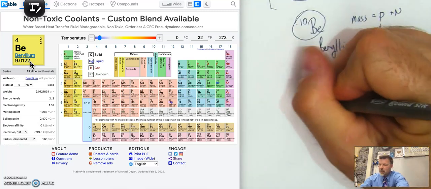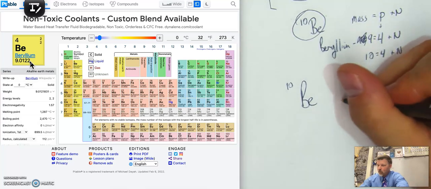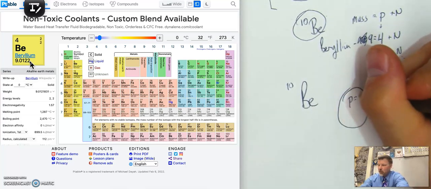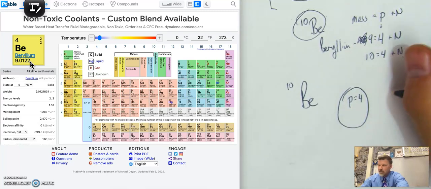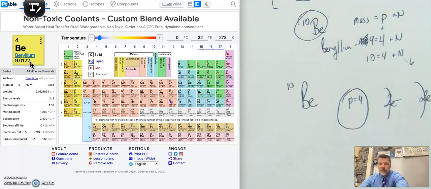So if I wanted to do a Bohr model of beryllium, what I would do, go to the periodic table and see that beryllium has 4 protons. Nothing changes with the electrons. Isotopes don't have a charge. Ions do. And it is possible for an atom to be an ion and an isotope. Nothing says it can't. But this guy's just an isotope.